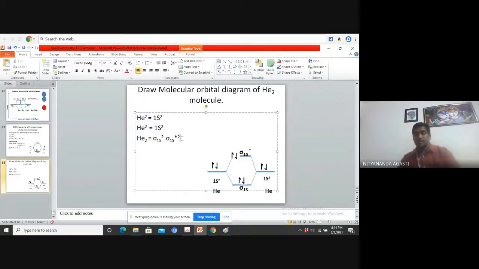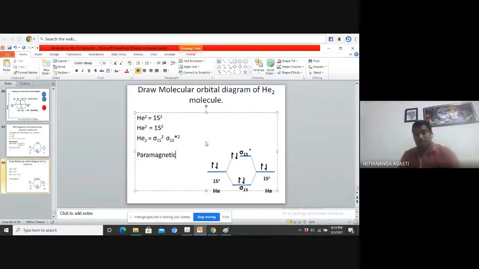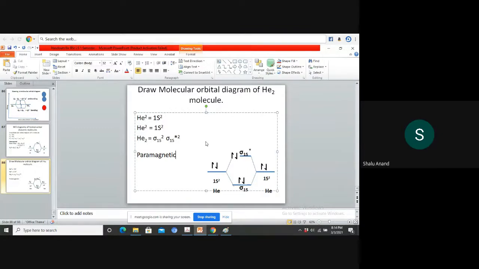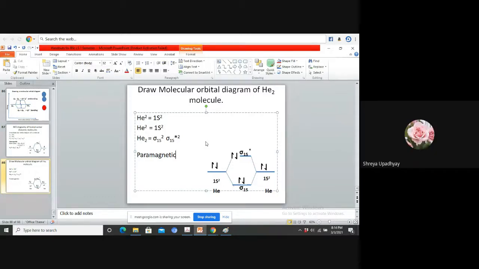What will be the magnetic behavior? It will be a paramagnetic molecule. Anyone, please? No unpaired electrons. Sir, diamagnetic.